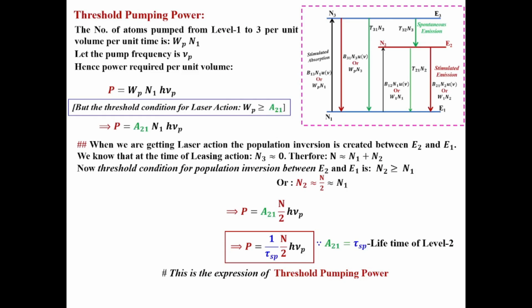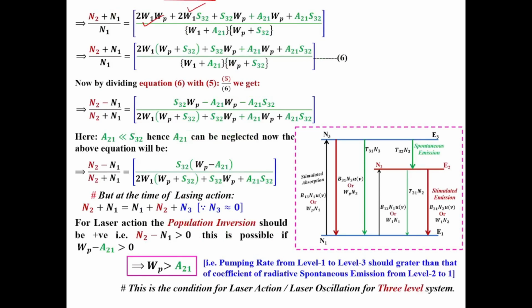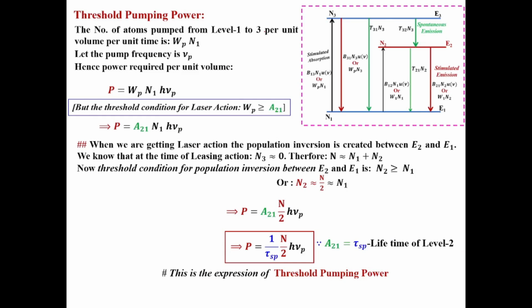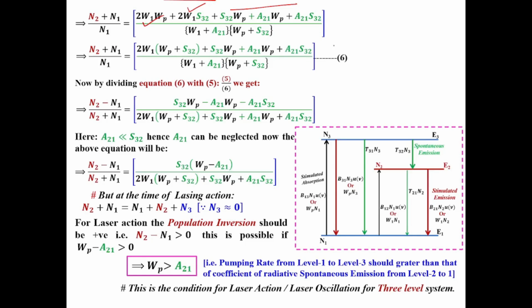W1 S32, W1 S32 here. So 2 W1 S32 written over here. Then the other 3 terms, S32 WP, A21 WP, A21 S32, are written as such here, divided by these 2 terms.